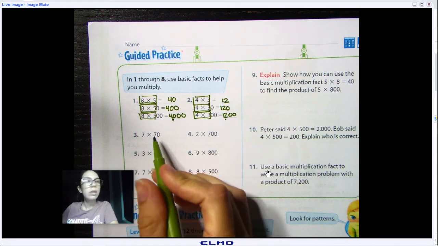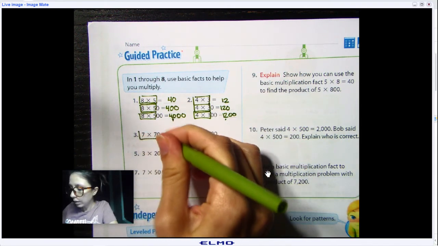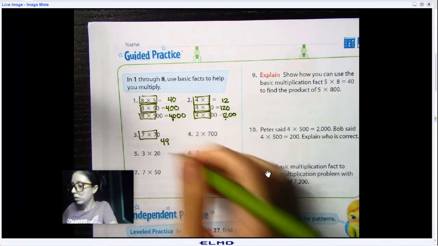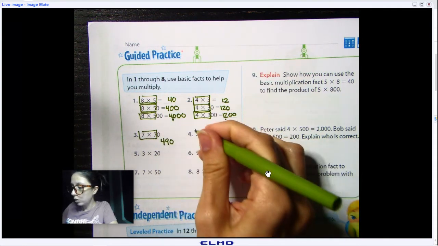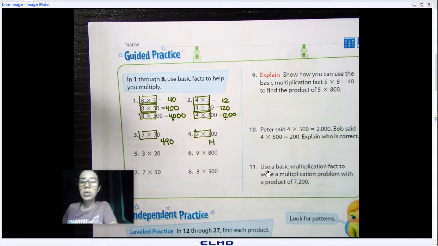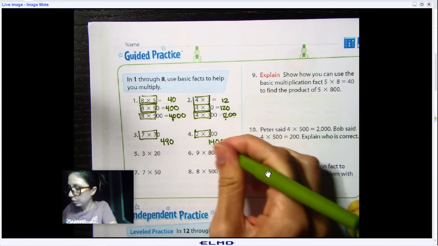Okay, 7 times 7 is 49, and we're going to add 1 extra 0. 2 times 7 is 14, and we're going to add 2 extra zeros.